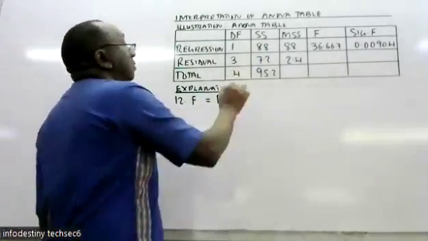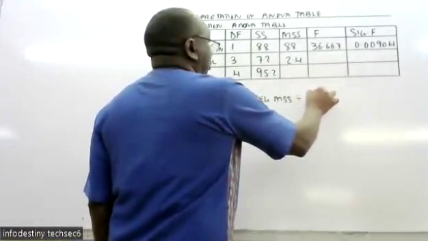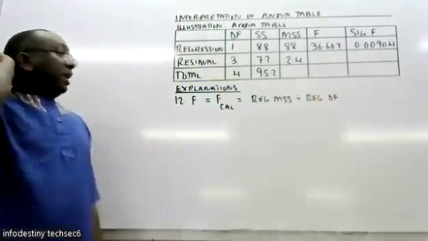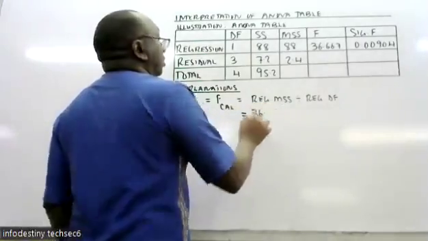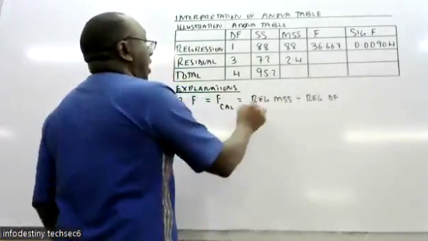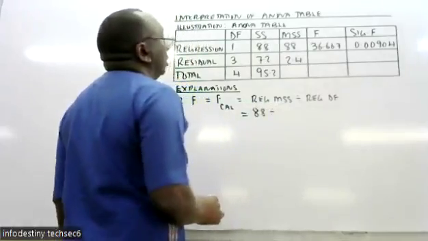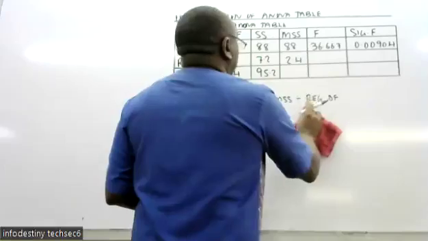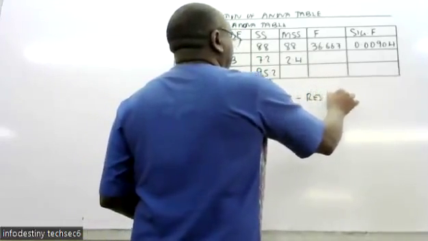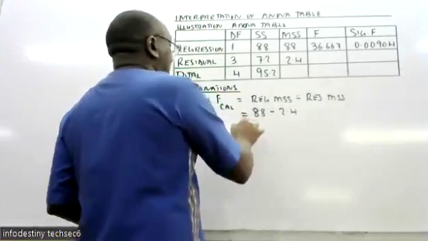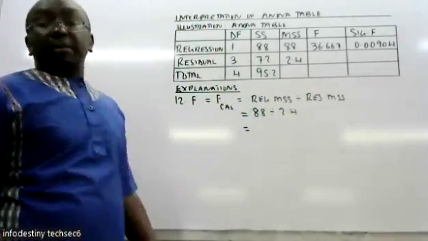F calculated is given as the explained divided by the unexplained: the regression MSS divided by the residual MSS, which is 2.4. Sorry for the earlier slip.